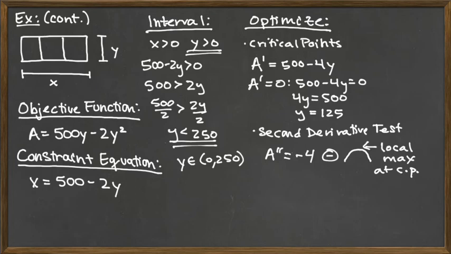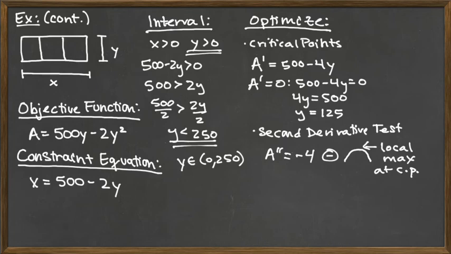the endpoints would have to be getting smaller, and we could justify that. We could plug in each one of these values into the original objective function and see what's happening, where we know that we're looking at the limits really when we're looking at the endpoints because the endpoints are not included.